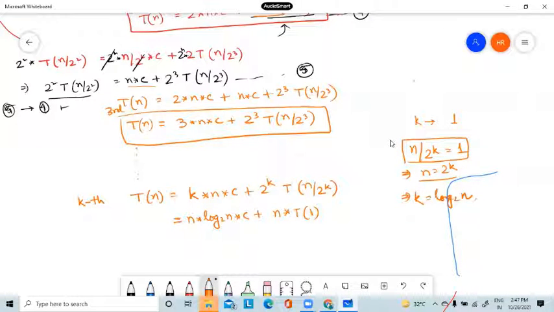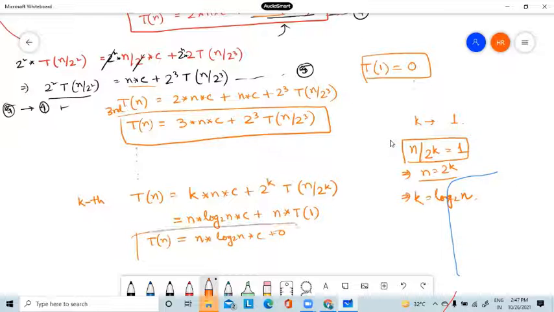And what is the time complexity to sort one single element? We know this is equal to 0. So if I put 0 here, it is only n·log n·c. This part is 0. So my total time complexity becomes n·log n·c.